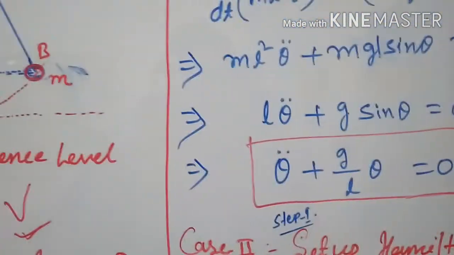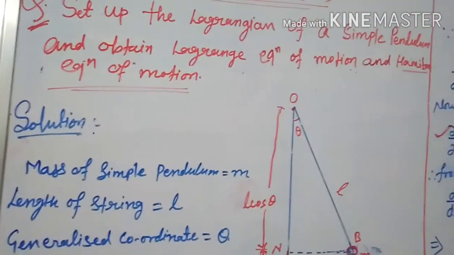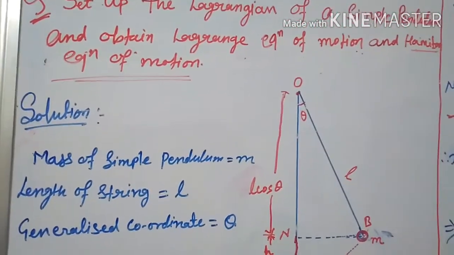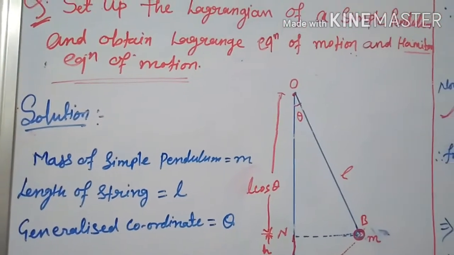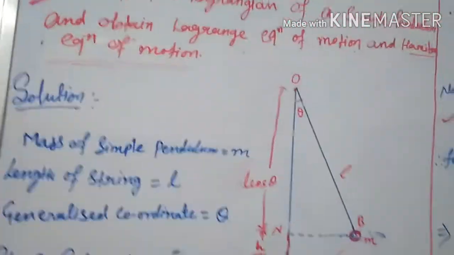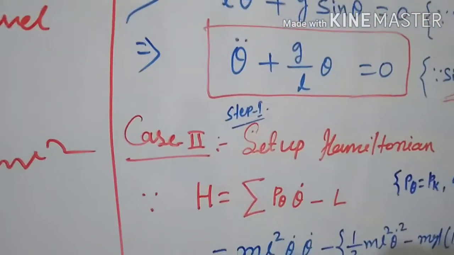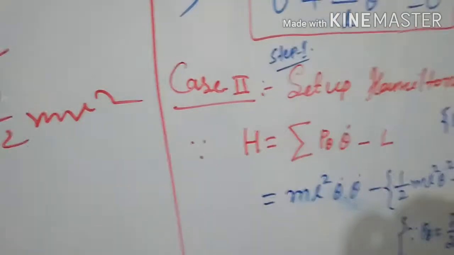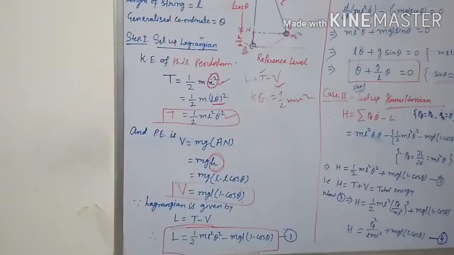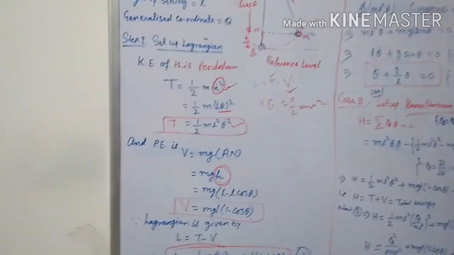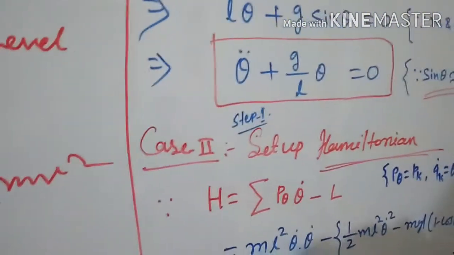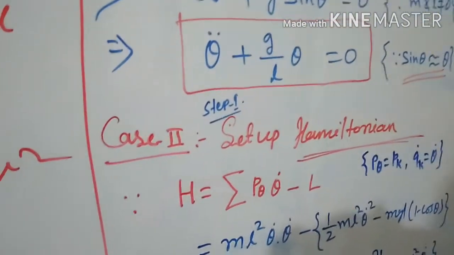Now if this question asks for Hamiltonian and we have to find Hamilton's equation of motion, we need to set up the Hamiltonian. For this, the Lagrange function which we described in step number first will be the same, and after that our next step is to find the Hamiltonian.